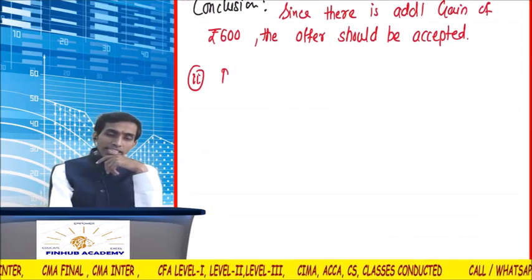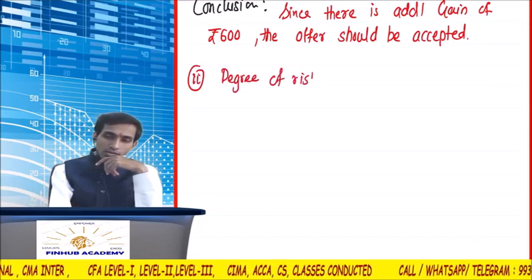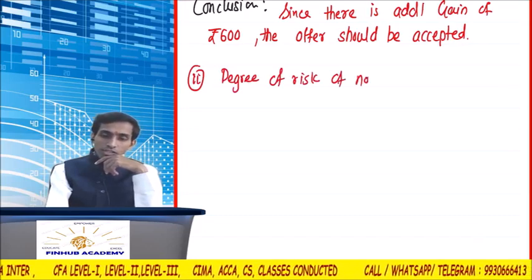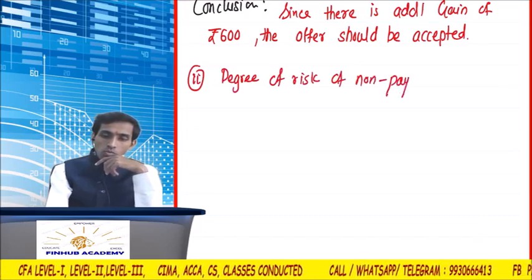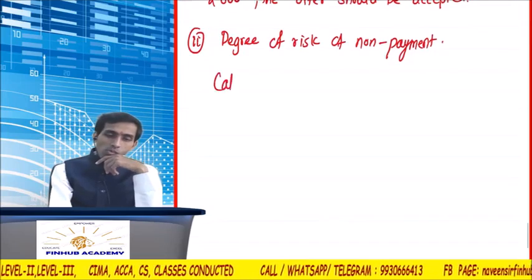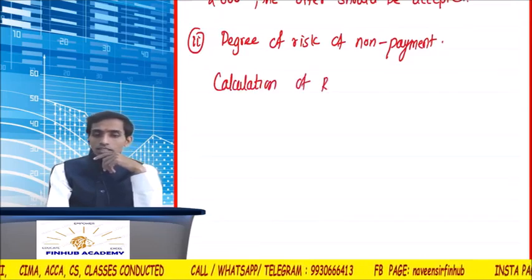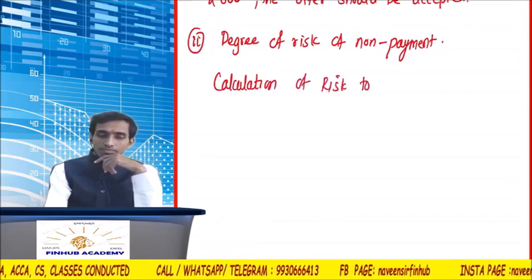Right. Number 2, B, do with me. Second part, degree of risk of non-payment. Calculation of risk tolerance level.